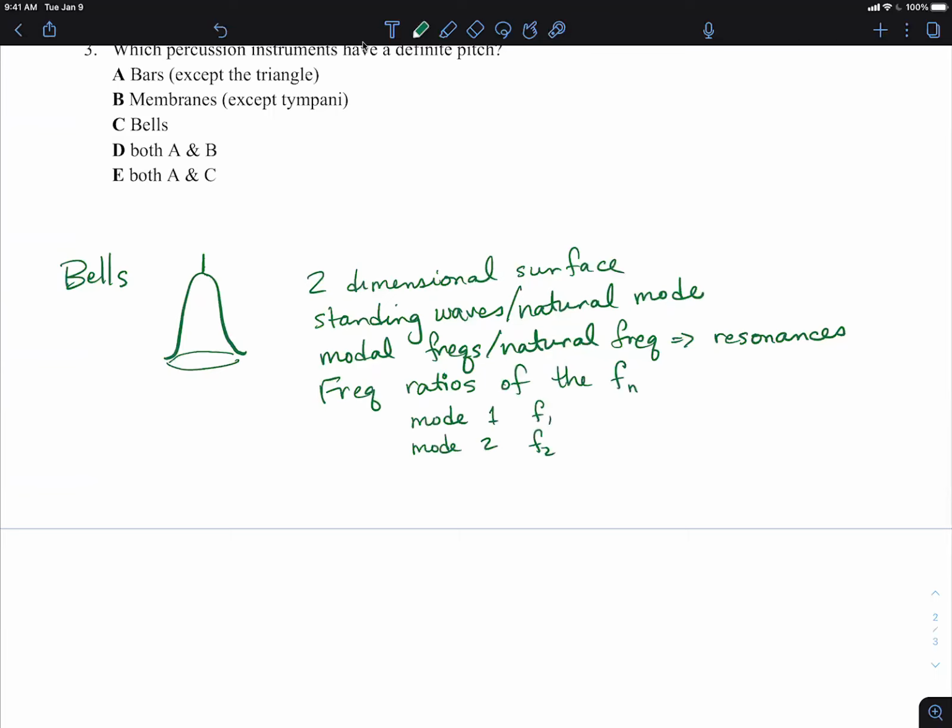Let me just make sure I've got the right relationship here. The bottom is the hum, and then you have the octave, and then you have basically the one above that, and then the next octave. So you have one of them that is not in harmonic representation of the other.